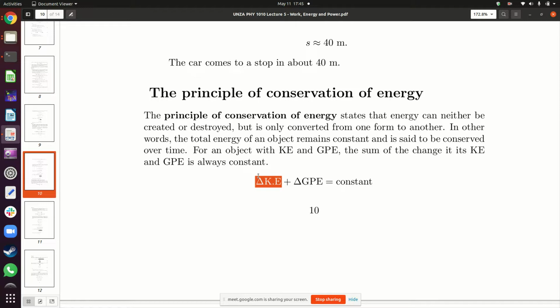Because eventually this particular object comes to a stop. So far, what we have seen is that, yes, the kinetic energy is being stolen by the work which is being done by friction.